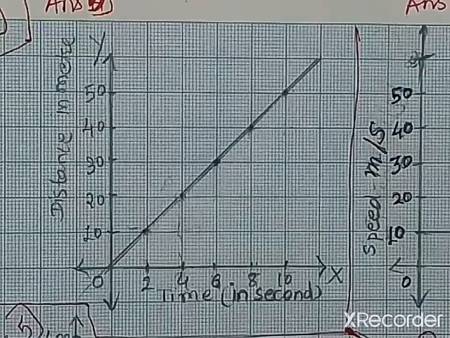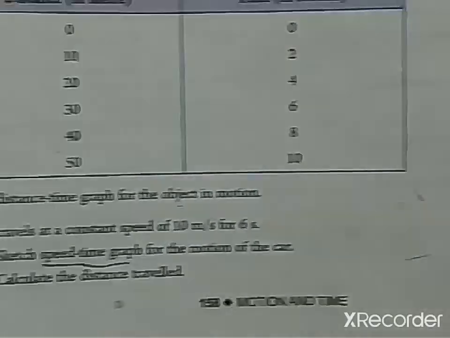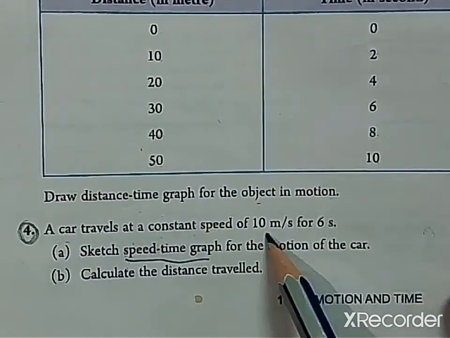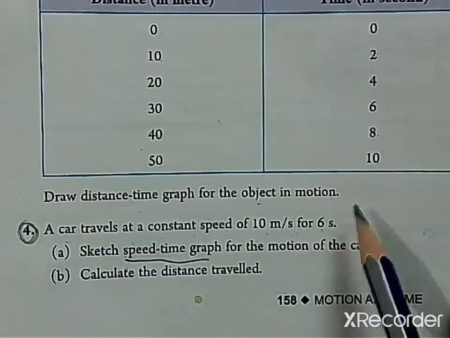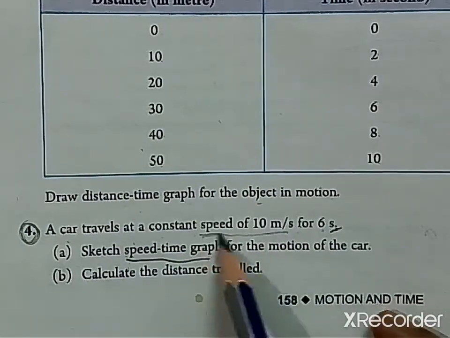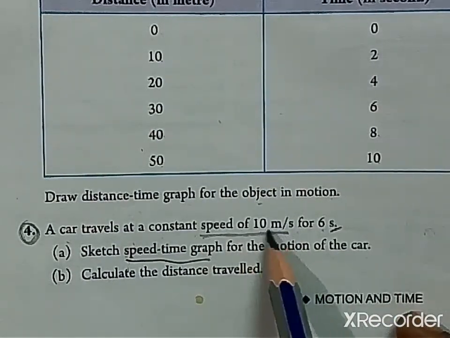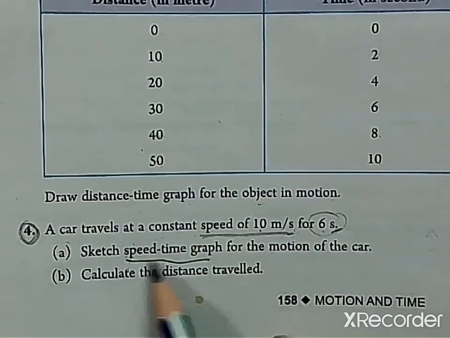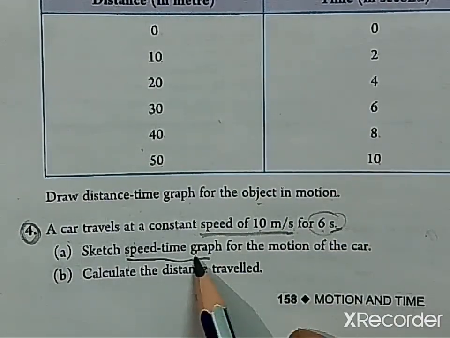Okay, then the next example is a car travels at a constant speed of 10 meter per second for 6 seconds. Okay, speed is given, that is speed of the car is 10 meter per second and time is given 6 seconds. So we have to sketch a speed time graph, not the distance time graph.